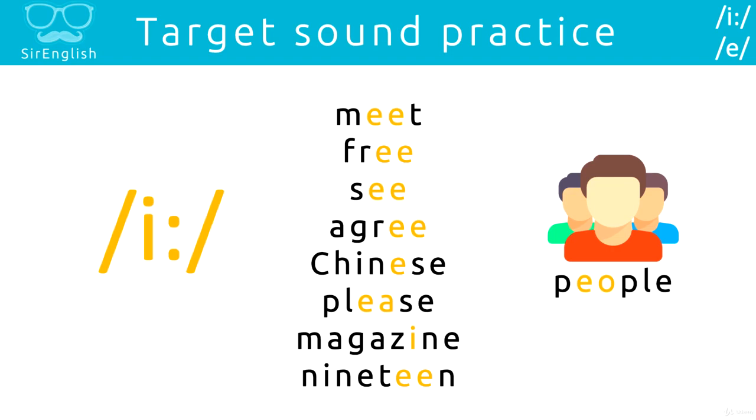Okay, did you notice the spelling? Make sure you start to notice the patterns in the spelling between the different sounds. This sound, E, the long vowel sound, very often has the spelling EE.